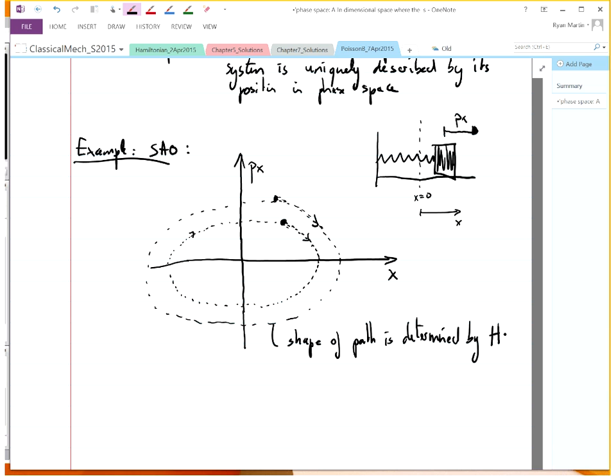Which particular path is chosen depends on where you start in phase space. So given a Hamiltonian, you know that the path will be an ellipse, and then you need to know a starting position in phase space to know which one of the ellipses gets chosen. These paths may not be closed paths, but the simple harmonic oscillator is an oscillator, so it comes back to where it started. So those are closed paths in phase space.